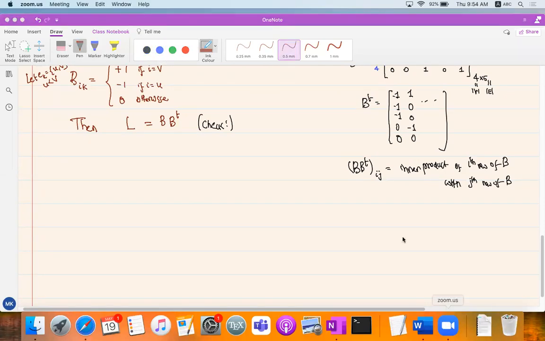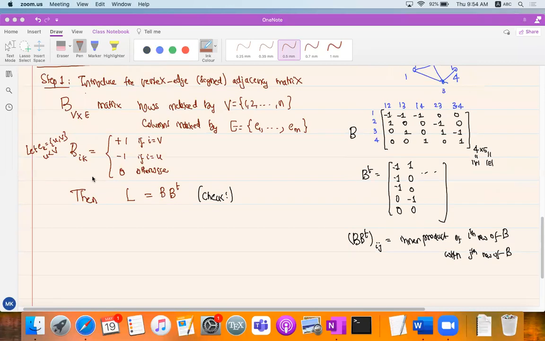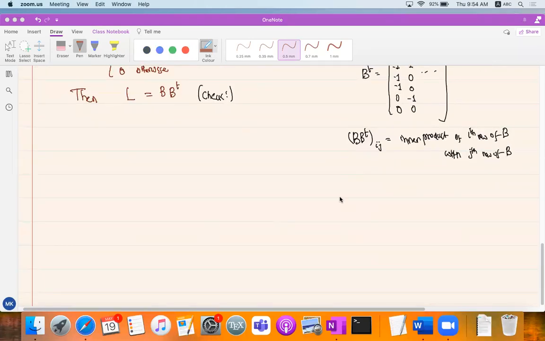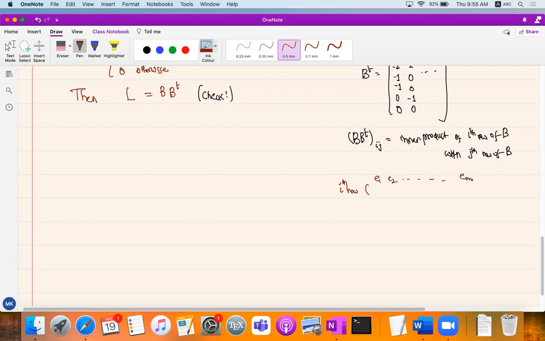Excuse me, can you please explain why the off-diagonal entry is -1? I can see the calculation coming out to be -1, but can you explain in general why it is happening? So you see the ith row. Suppose E1, E2, ..., EM are the edges.